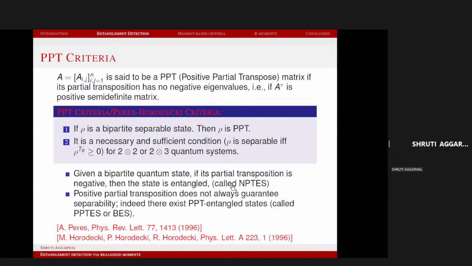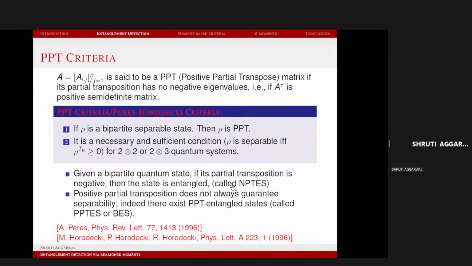A matrix is said to be PPT, or positive partial transpose, if its partial transposition has no negative eigenvalues. That means A tau, which denotes the partially transposed matrix, is a positive semi-definite matrix. The PPT criterion, or Peres-Horodecki criterion, states that if a bipartite state is separable, then it is PPT.